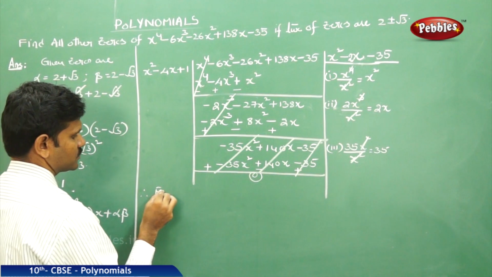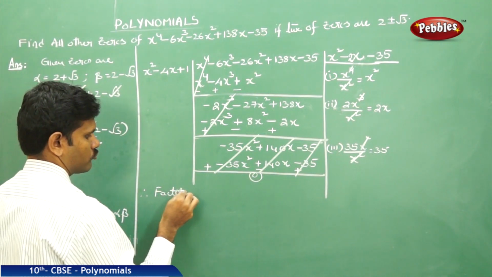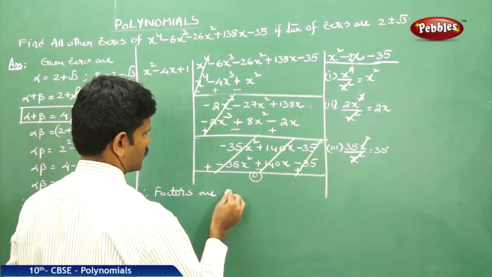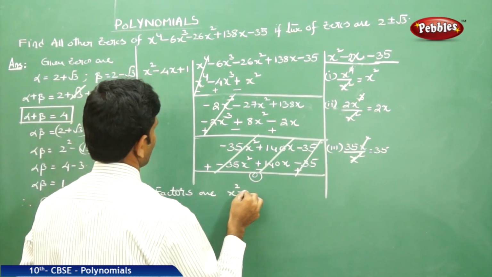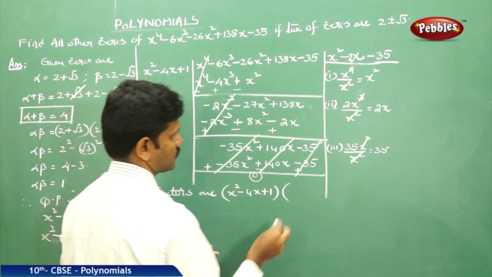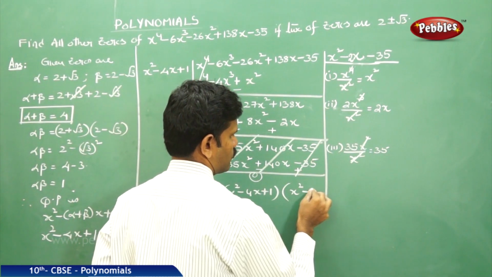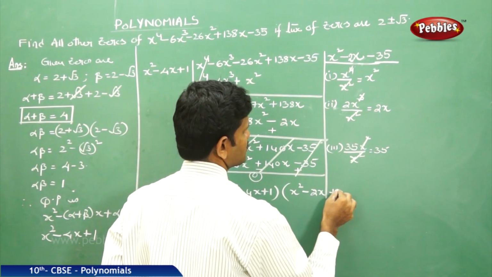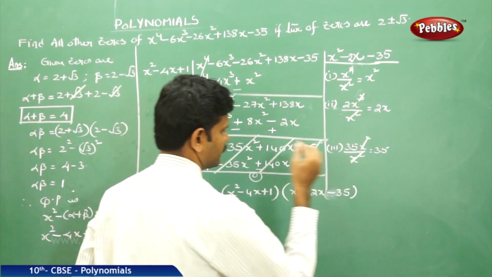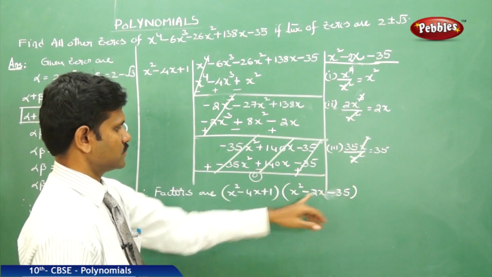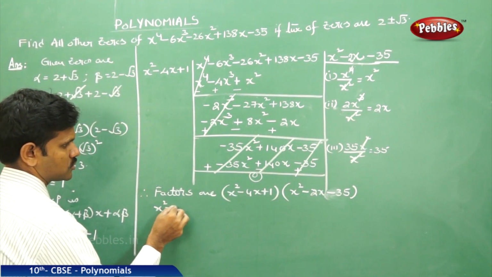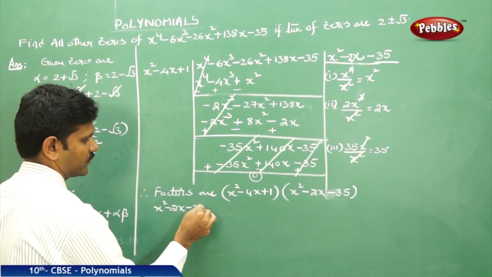Therefore, factors are x square minus 4x plus 1, and your answer part x square minus 2x minus 35. That is, please take this part out, that is x square minus 2x minus 35.